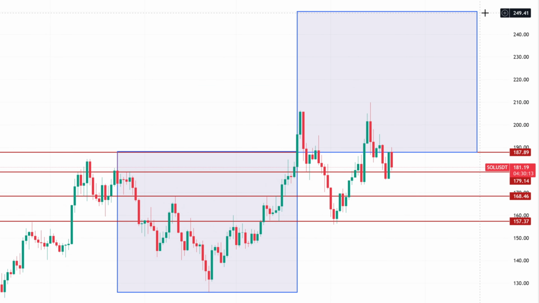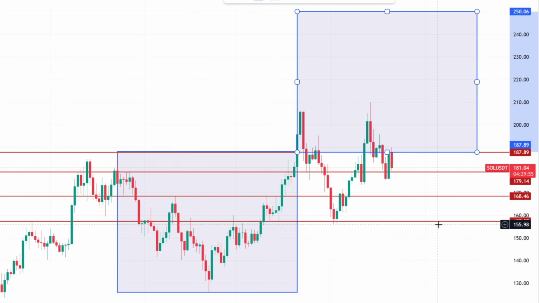Then we can give a little extension from the time window. But in case this should not happen in the next 2 to 3 days, so right now we are late about 1 to 2 days. And as I said, if this should not happen in the next 2, 3, max 4 days, then this price target right here of $250 until the 18th of September will be invalidated.